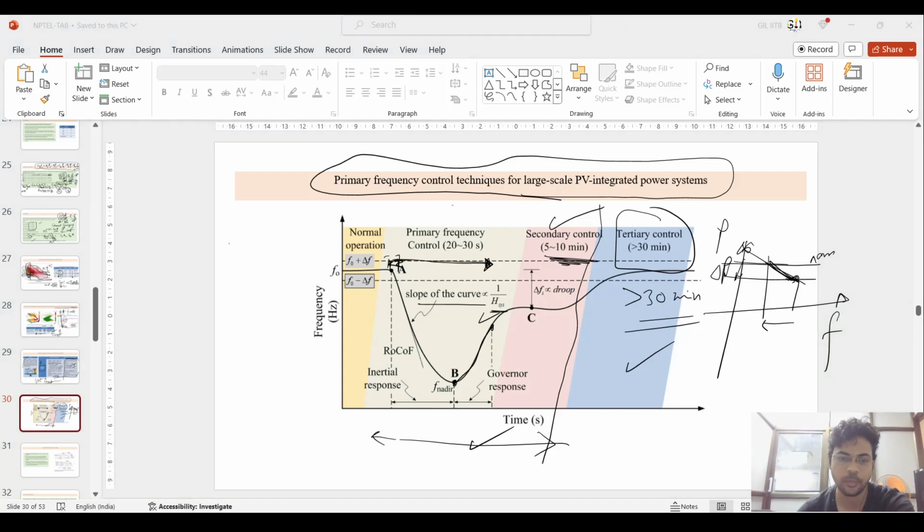That is much faster as compared to the primary frequency response control provided through these synchronous generators. If an LG fault occurs and you just trip the relay, you have cleared the fault, that is fine, but what about reliability? You have made the node unconnected to the system.